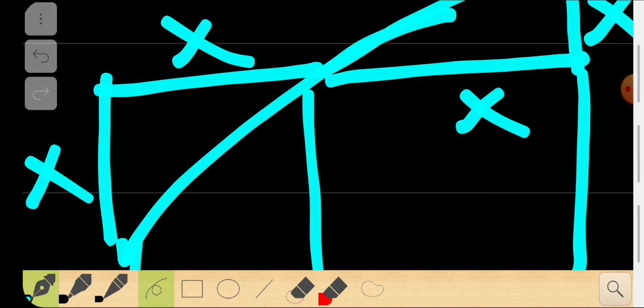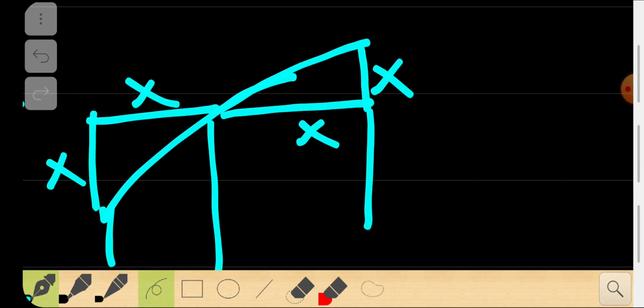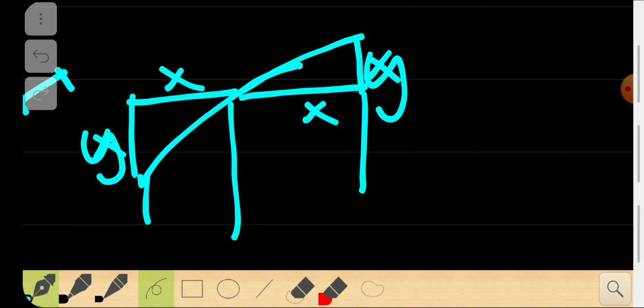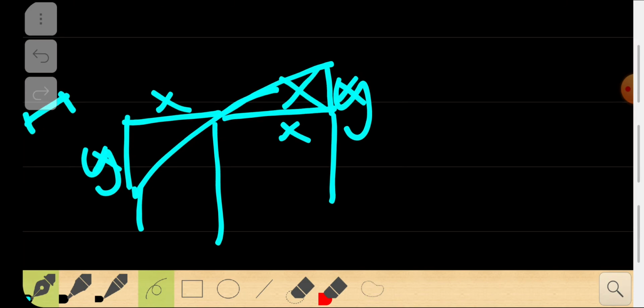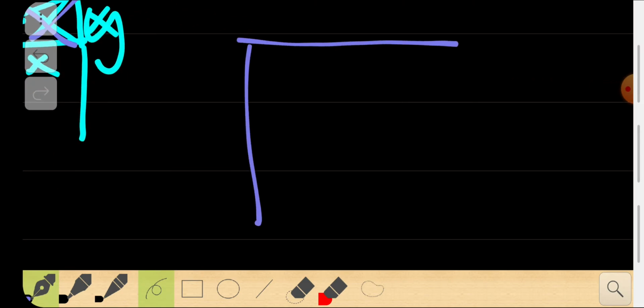If the slopes are the same, then the x distances and the y distances are the same. So this triangle or this shape has almost the same area. So you can remove this part and add this part, and it will become something like this.